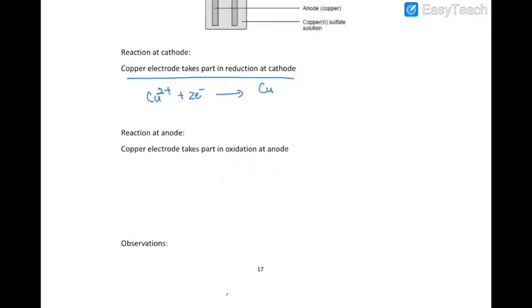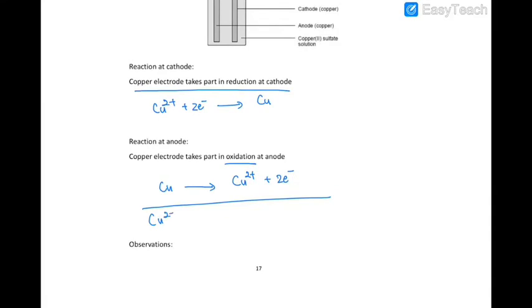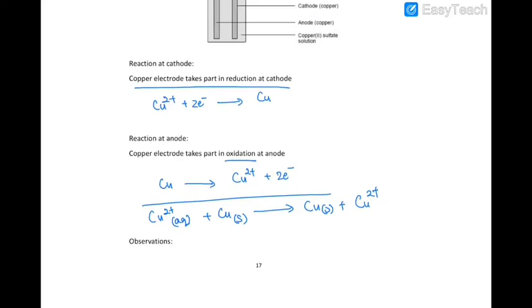At the anode, you're going to have the copper electrode taking part in the oxidation. So as the overall reaction, you have Cu2+ aqueous reacting with Cu solid, forming Cu solid plus Cu2+. So this is what is happening.